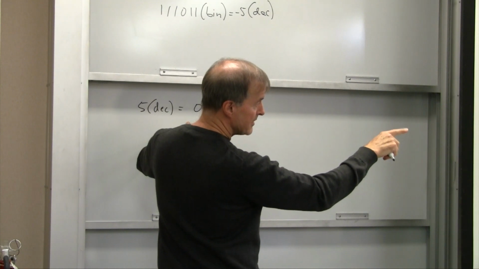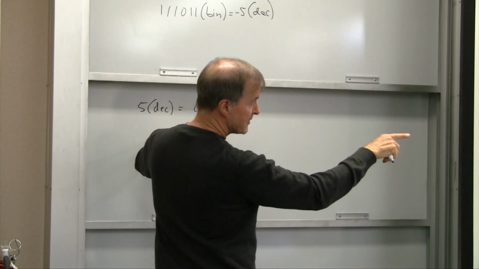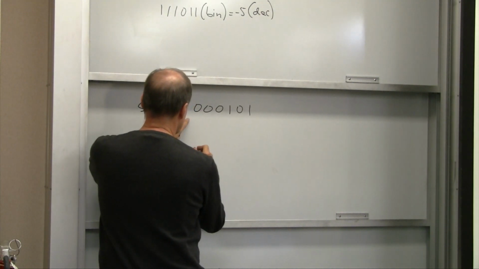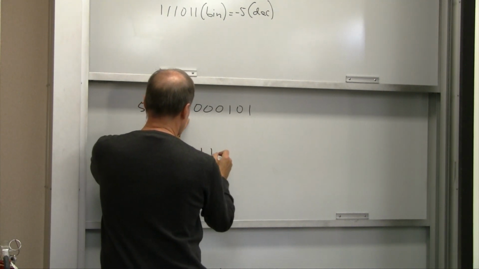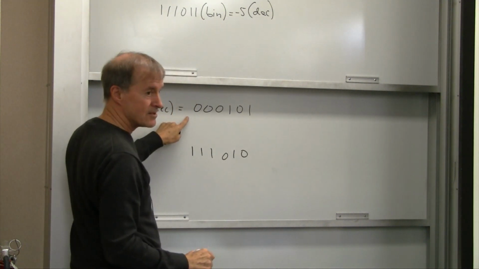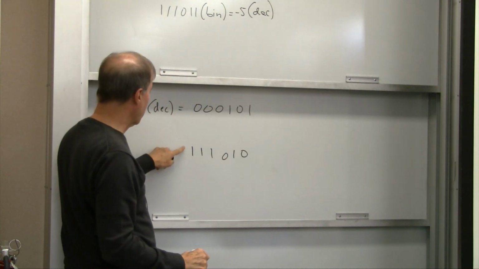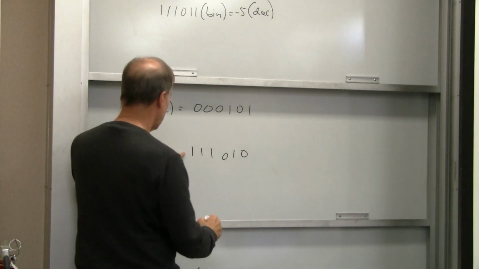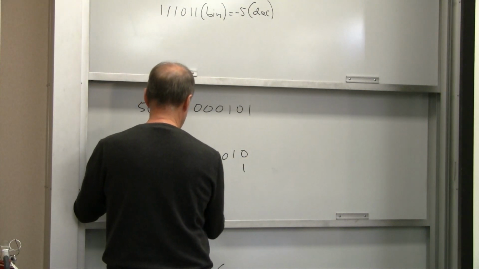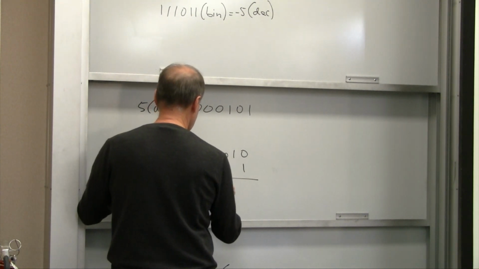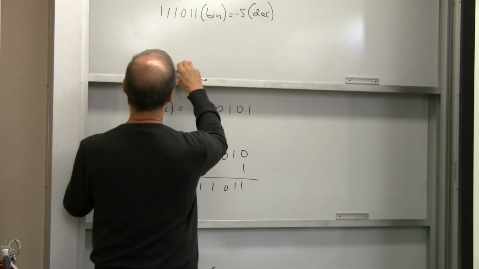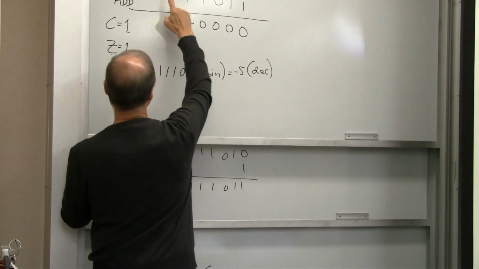It says neg x equals 1 plus not x. So what's the not of this? It's 1, 1, 1, 0, 1, 0. Does everybody see that this is the not of this? And then what do you do to this? Add 1. And so that's 1, 1, 1, 0, 1, 1. And sure enough, this is this.